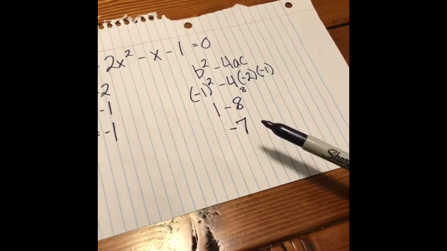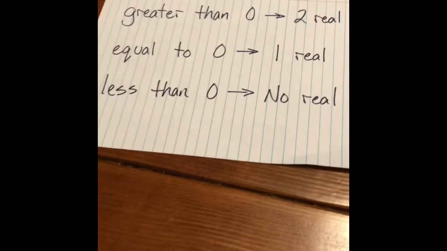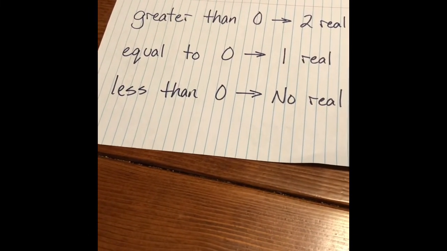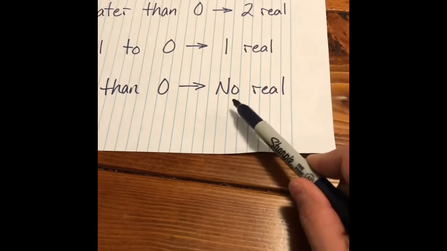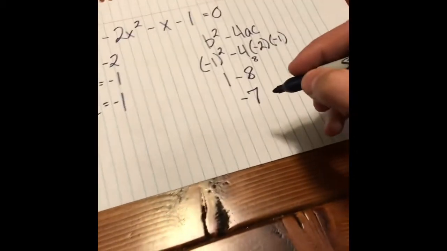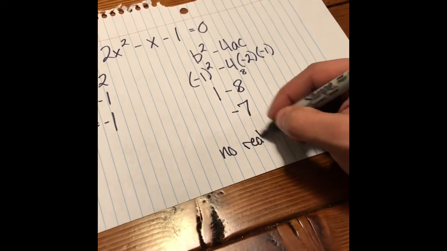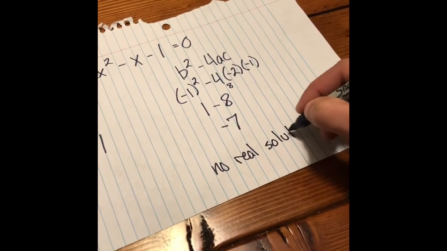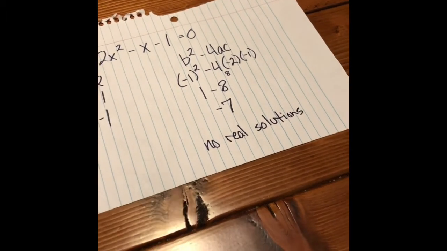The question is, how many real solutions are there? So I'm going to go look at this sheet again that I gave you. Negative 7 is what we just got as the discriminant. Negative 7 is less than 0, so our answer is no real solutions. So come back over here, and my answer is no real solutions. One more problem.